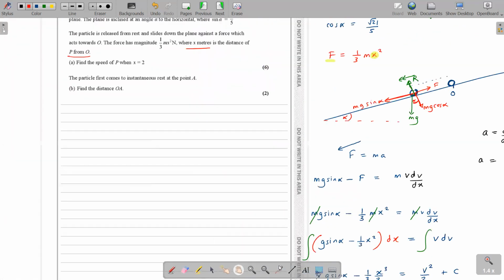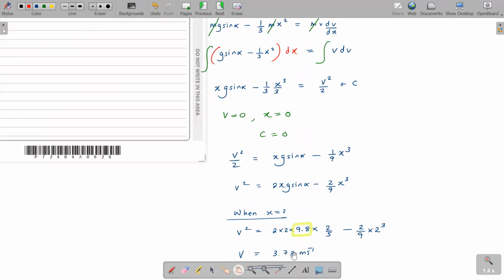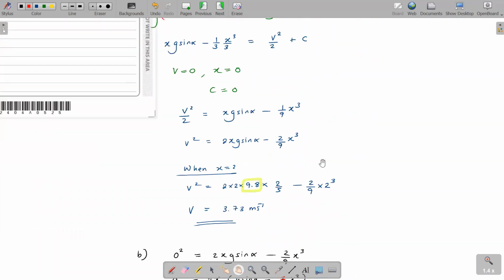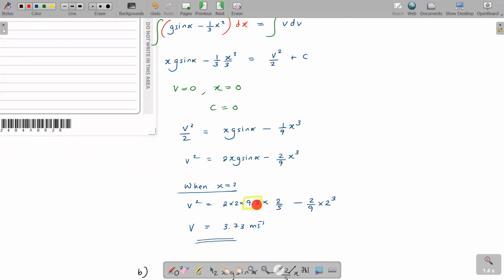Find the speed of p when x is 2, right? So I got the expression for v square and all I have to do is replace x with 2, and we replace g with 9.8, right? So whenever g is required, you input g as 9.8.